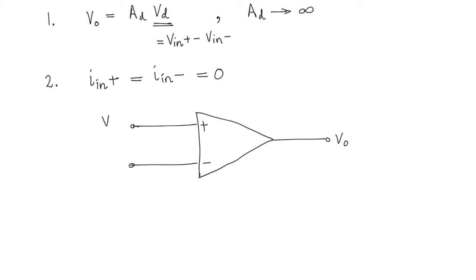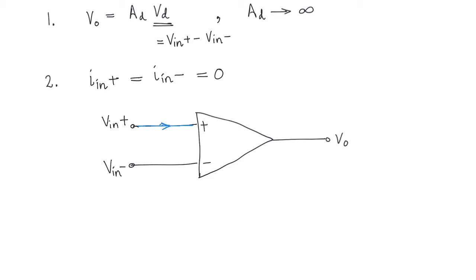Now, if you are applying a voltage at the non-inverting input and the inverting input, you would expect that there could be some current that would flow into the circuit here, right? Because this is just a symbol of the op-amp.